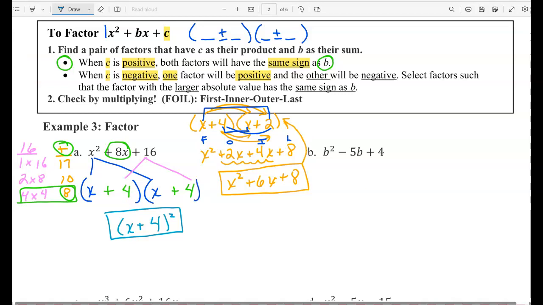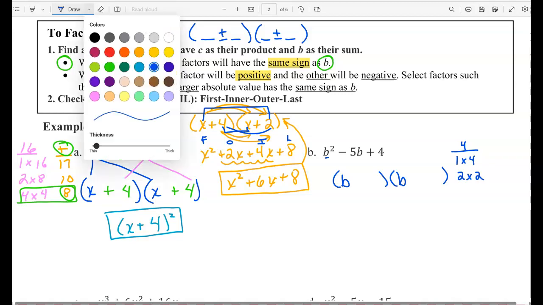Okay, so let's look at problem part B now. Same process. We have 3 terms. We know we're going to factor into 2 binomials. We know that the first terms have to come from a b and a b to give us the b squared. I'm thinking about all my factors of 4, so I go to the side, I write out all my factors, 1 times 4 and 2 times 2.